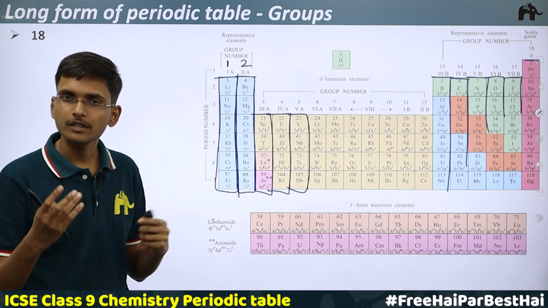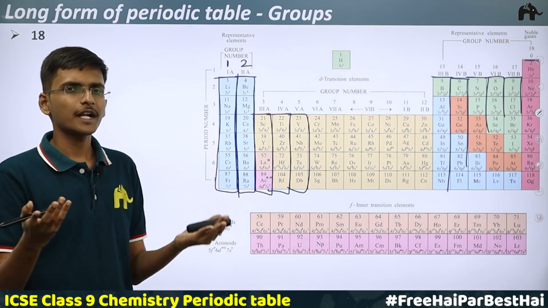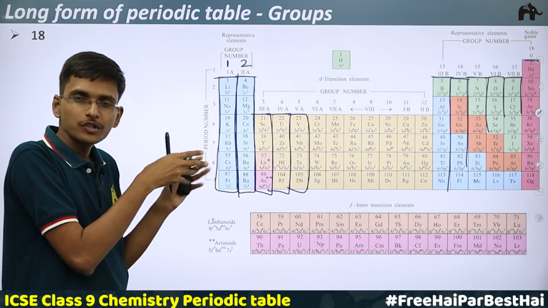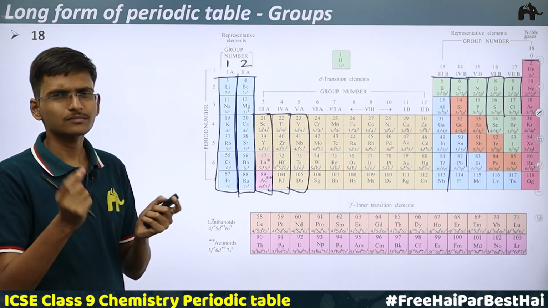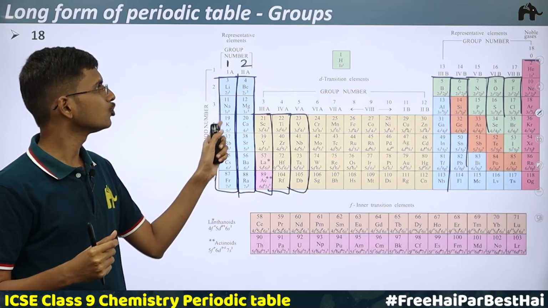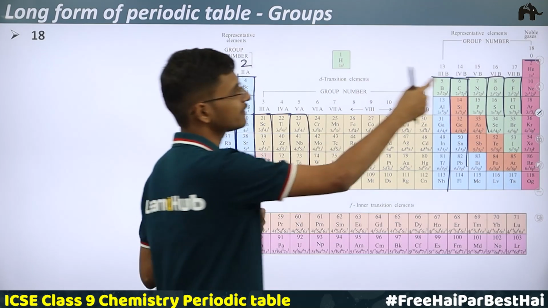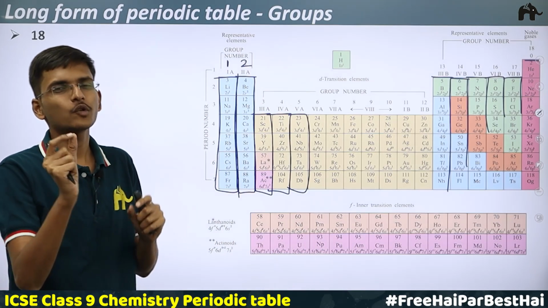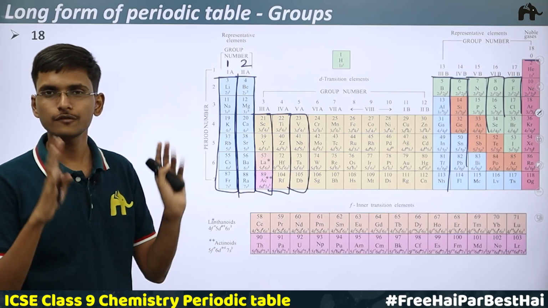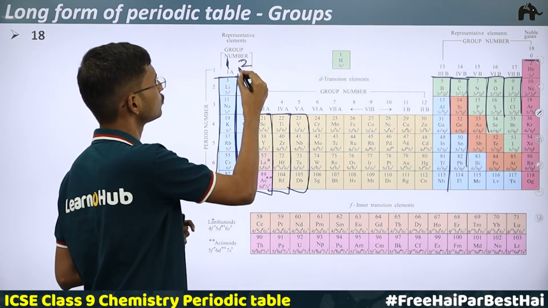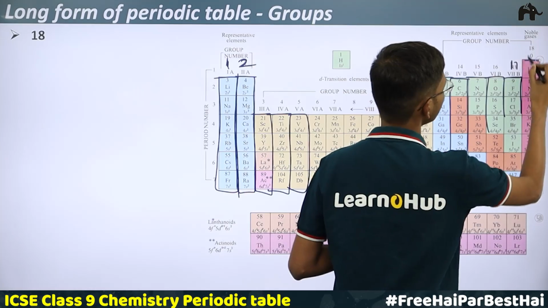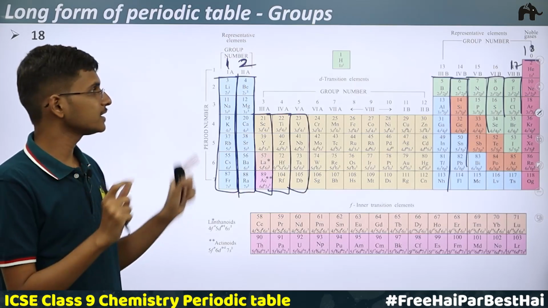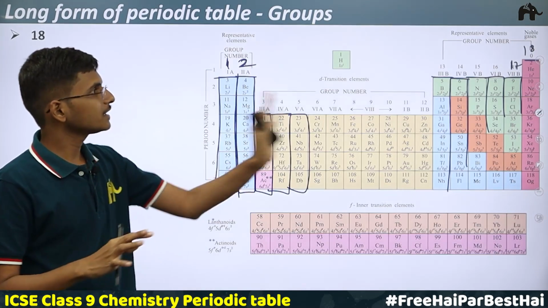In the next standard we are going to see the periodicity part, and you would study the properties of group 1, group 2, group 17 and group 18 elements. In this chapter also we are going to have a slight glimpse of the properties of these 4 groups, but let's keep it for later on. We are going to separately see their properties. For now, these are the 18 groups.